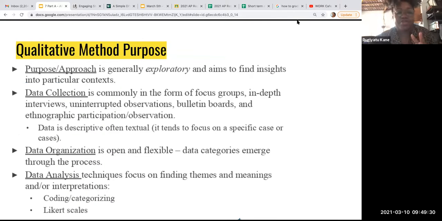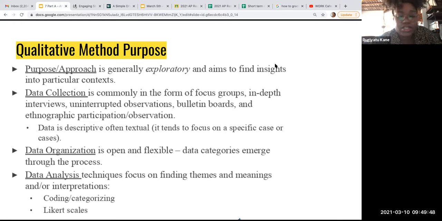Okay, so the purpose behind qualitative research is generally to explore and to find insights into particular contexts. So you're getting a lot more detailed information of a particular topic or a phenomenon.